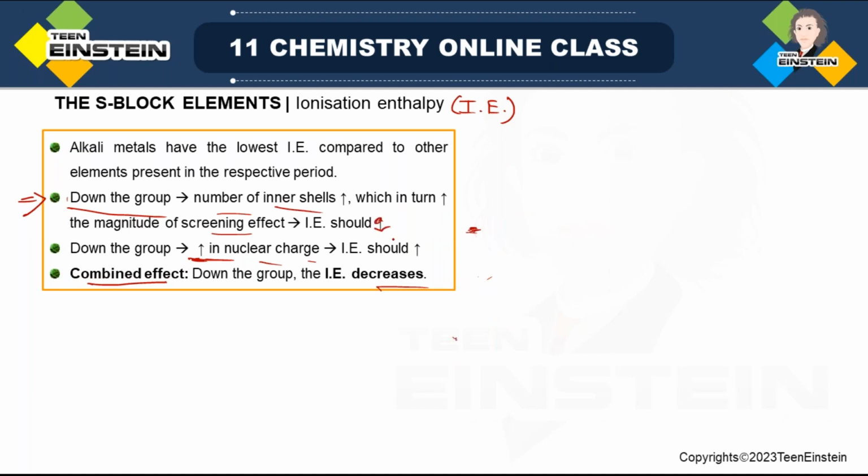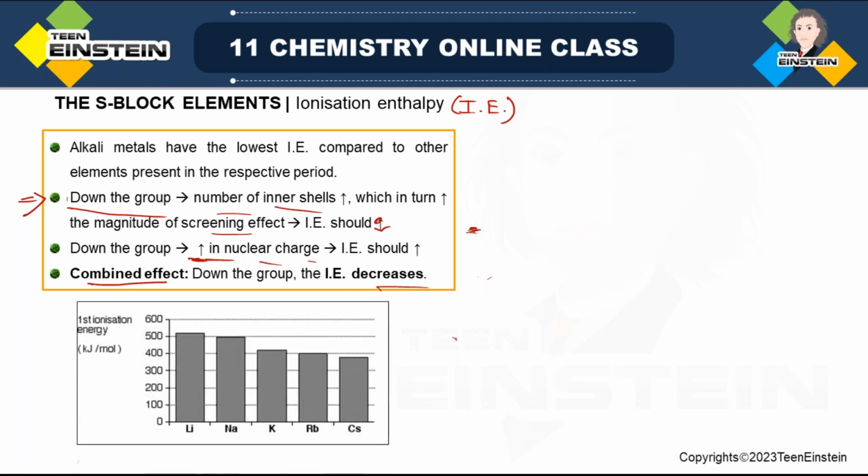So this is decrease. So here we have ionization energy in kilojoule per mole unit in the y-axis. So here for lithium, it is cutting somewhere 500 value. That means its value is 500 something in kilojoule per mole. Then when you are moving from lithium to sodium, there is decrease.